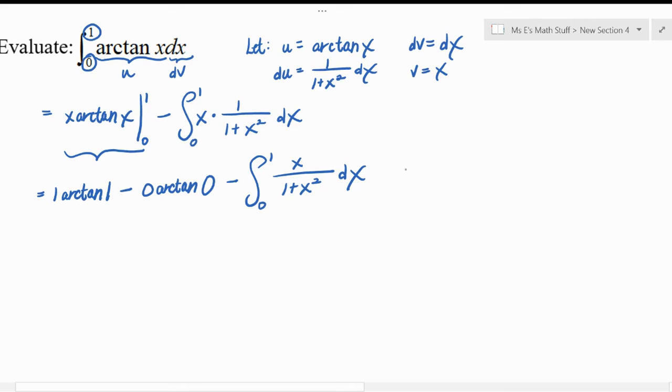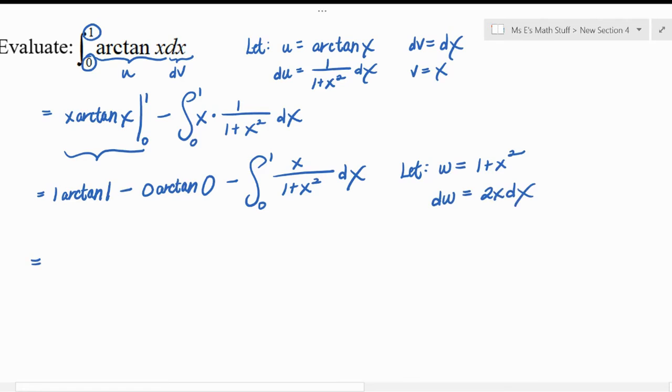Now, u has already been used, so I would recommend you use a new letter. It's considered poor form to use u and v to represent more than one thing in the same problem. So I'm going to choose w, and I'm going to let w equal that denominator there. And then what would dw equal? It would be 2x dx.